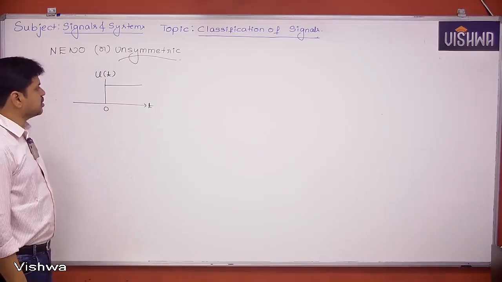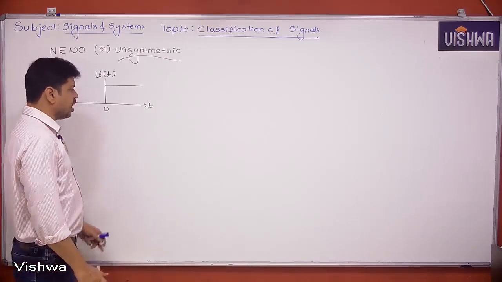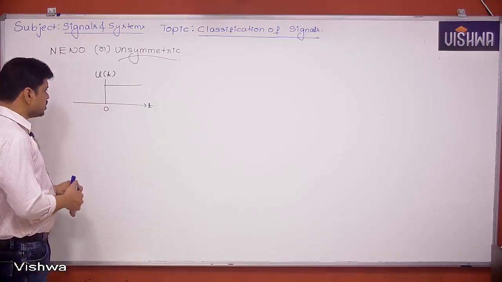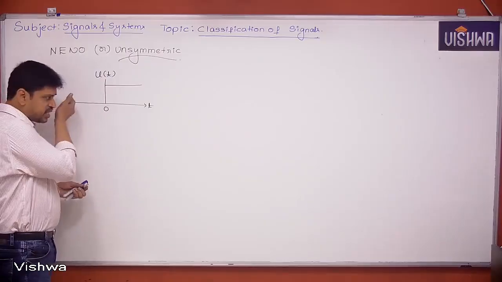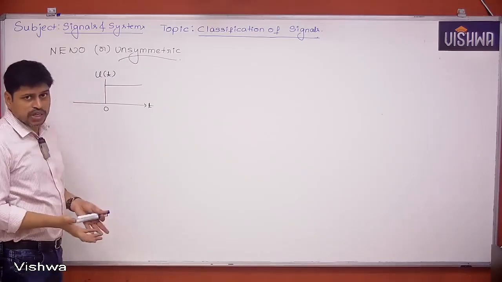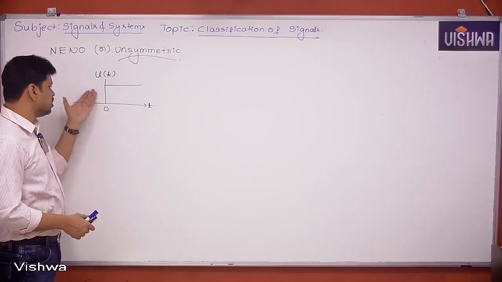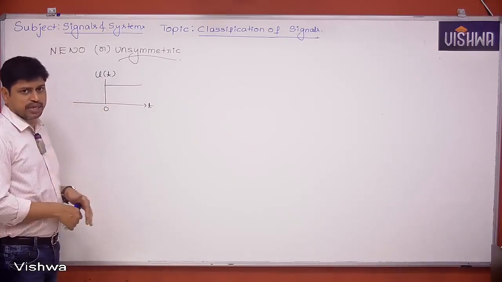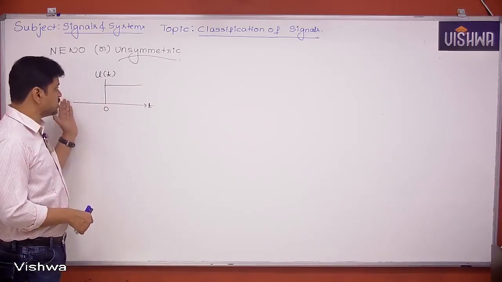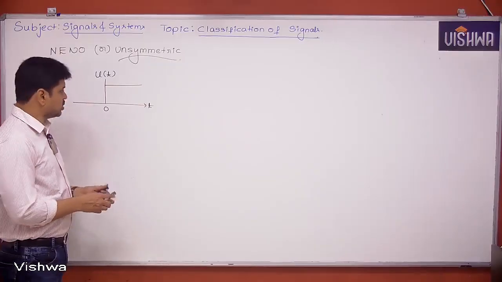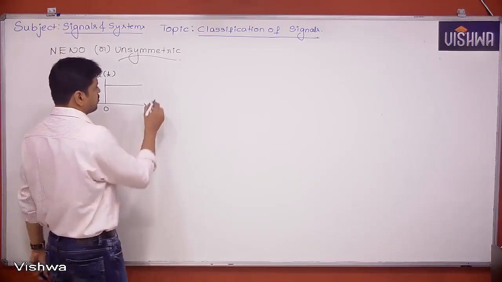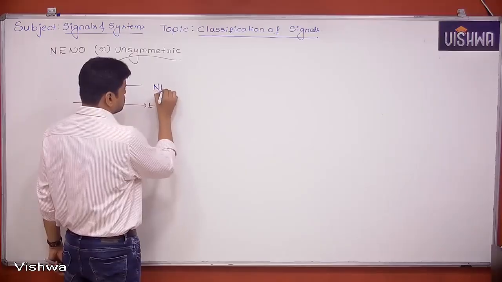So I can say this is a neither even nor odd signal. Or simply observe carefully. There is nothing for t less than 0. Then what are you going to compare? If you want to compare whether it is the same thing or the same thing with a negative sign, we have to compare. But nothing is there for t less than 0. So I can simply call the signal a neither even nor odd signal.